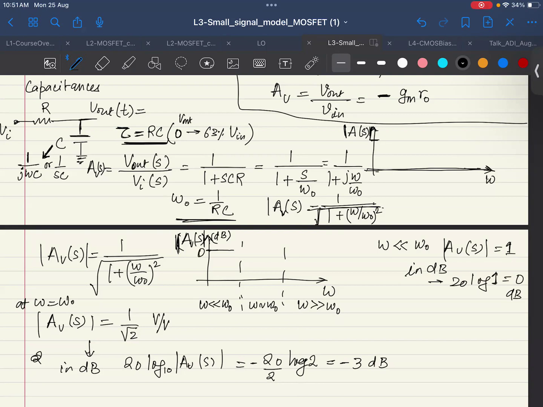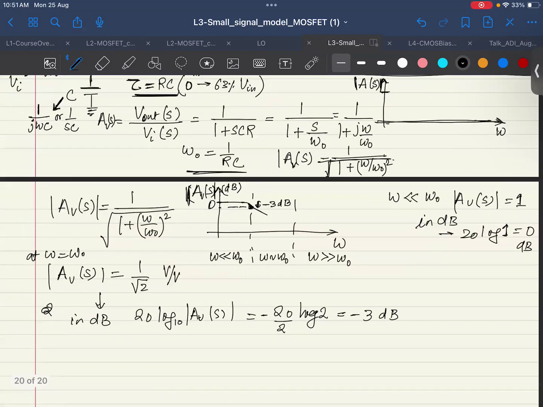So this was 0. And what happened at omega naught is that I saw a decrement in the gain by minus 3 dB, because 0 and then gain at omega naught was minus 3 dB. Then it keeps decreasing, and how does it decrease now? Let's take omega much larger than omega naught, then what happens?